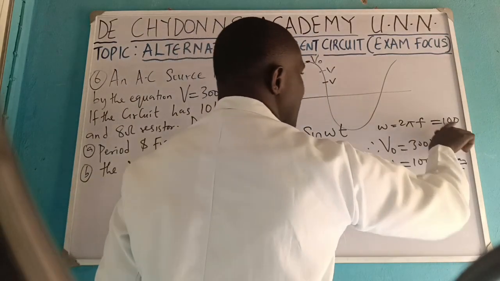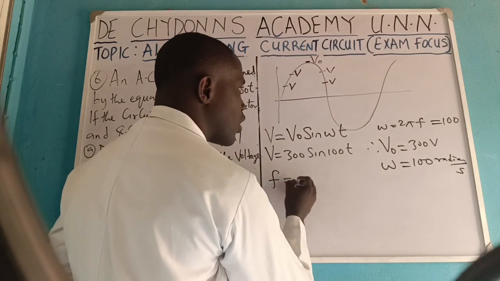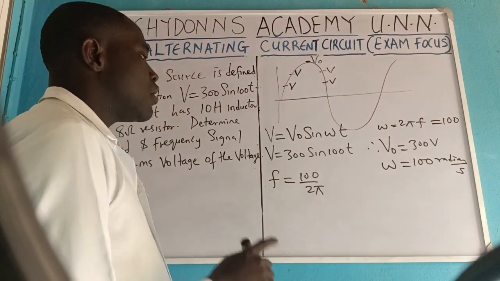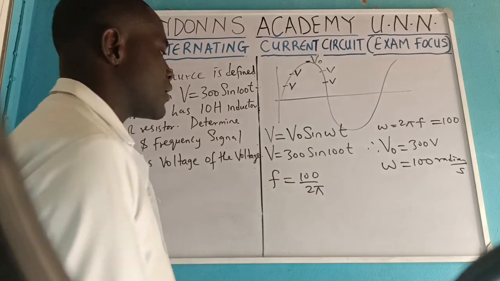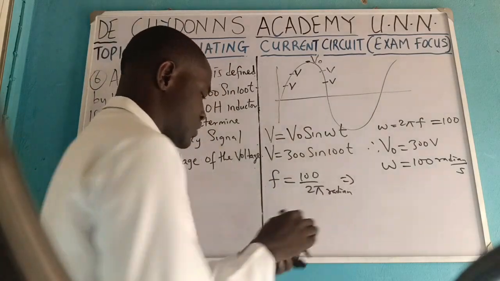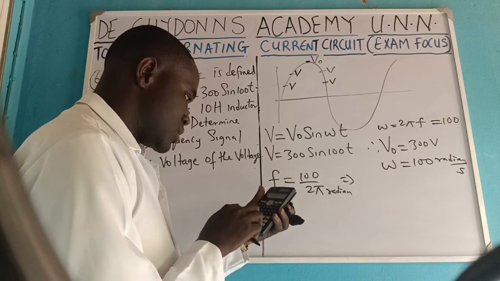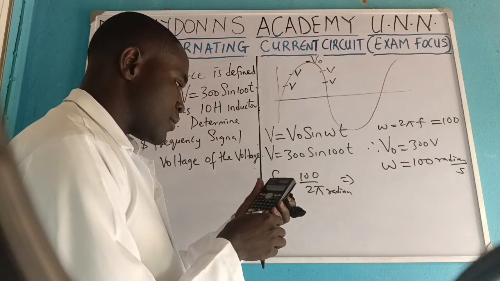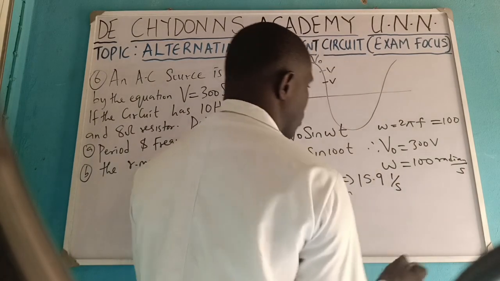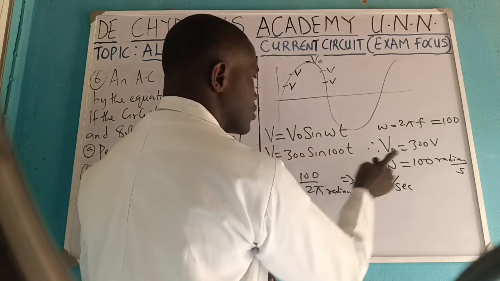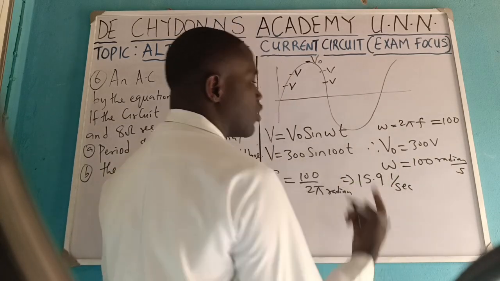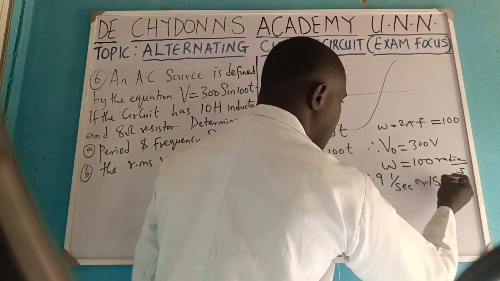That means F will be equal to 100 over 2 pi radians. 100 divided by 2 pi will give us 15.9 per second, because this is radian per second, so radian cancels radian, remaining 1 over second, or 15.9 hertz.